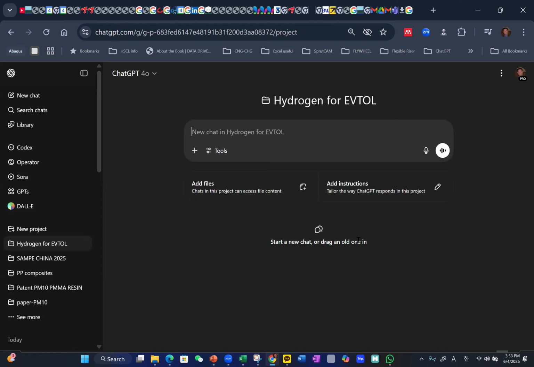You need to guide and communicate with any AI tools such as ChatGPT or Grok or Gemini. Gemini has become very powerful as an AI tool, so Gemini is also highly recommended. Anyhow, I just created a project called Hydrogen for eVTOL.